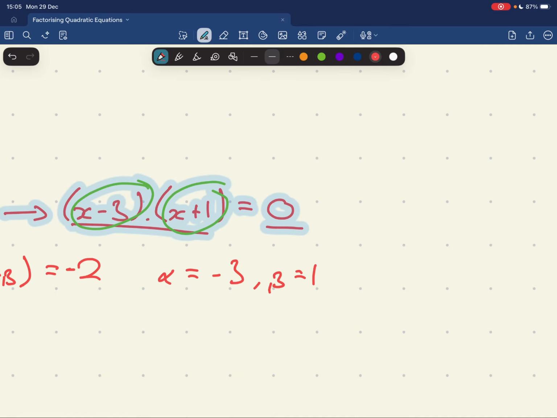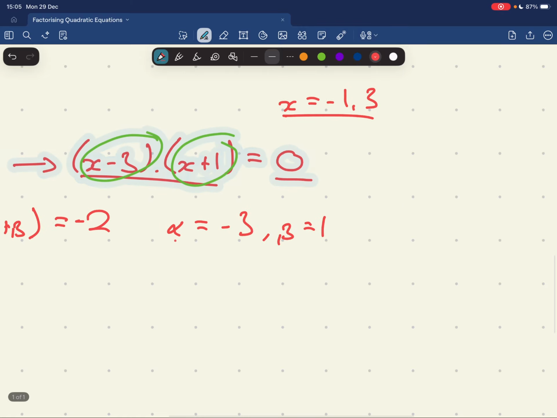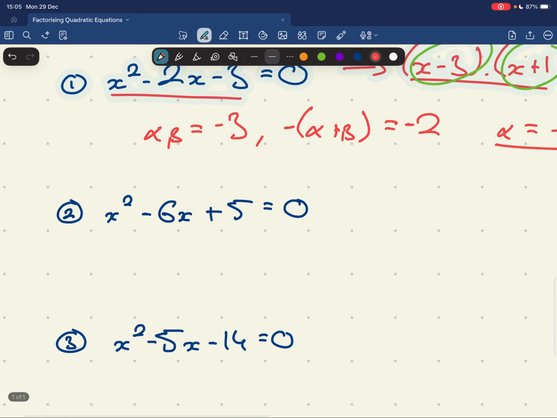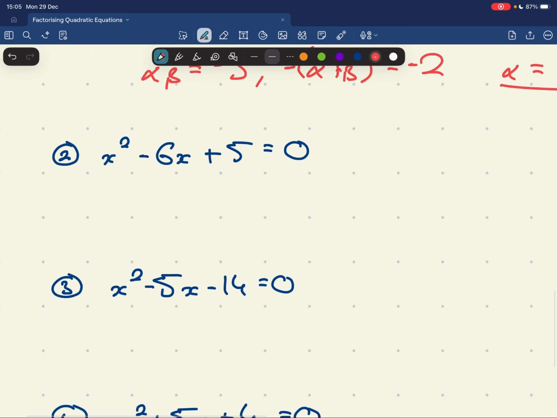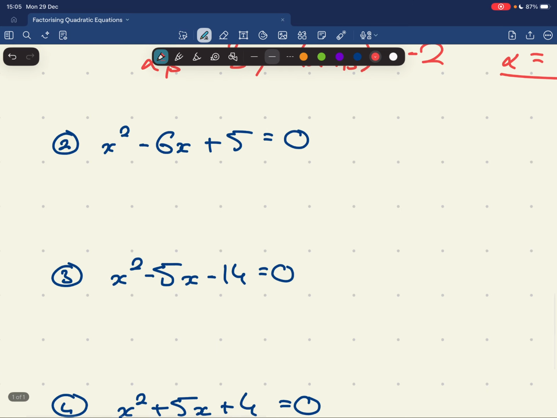Therefore, x is equal to minus 1 and x is equal to 3 are the roots, and those are exactly the roots we've found from before. From now on, I'm not going to be writing down the roots because it's very simple to compute the roots once you've factorized, and you are also finding the roots in the process of factorization.